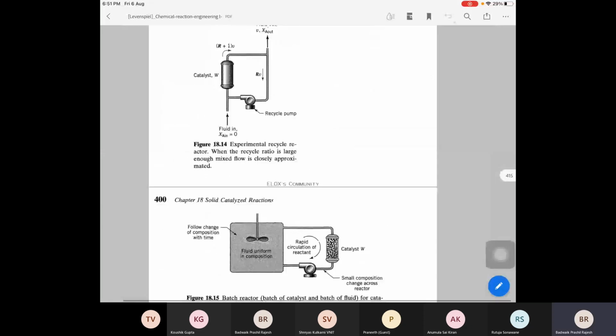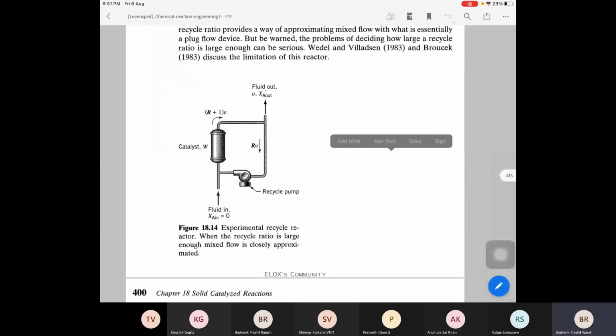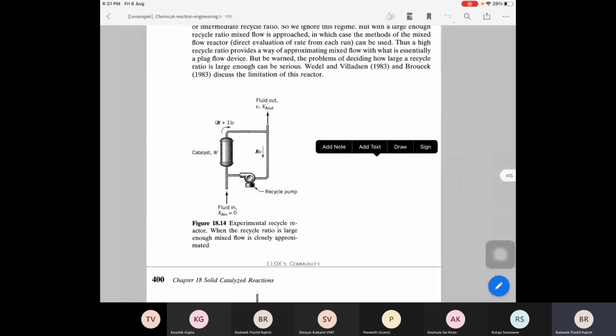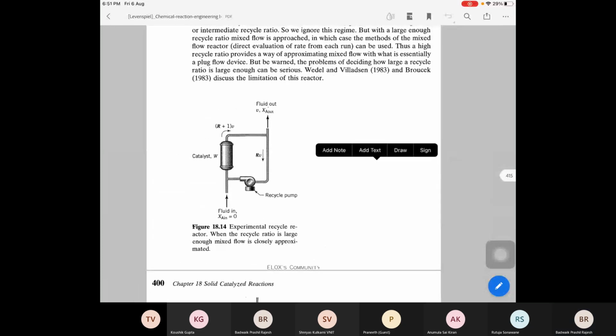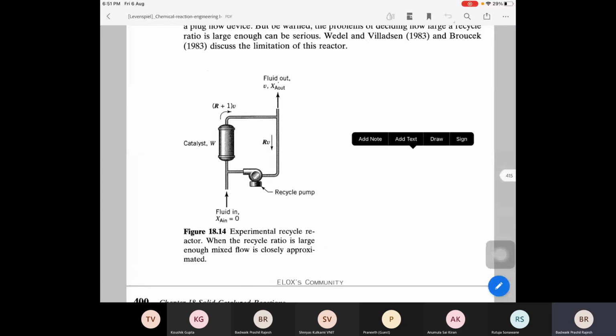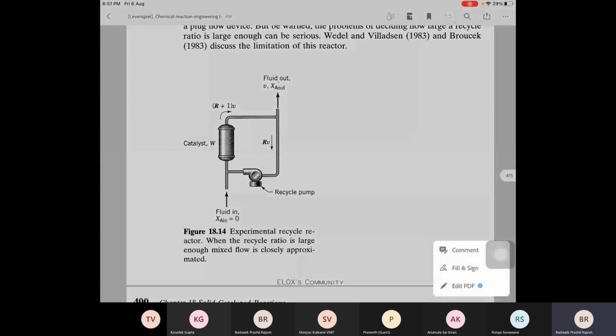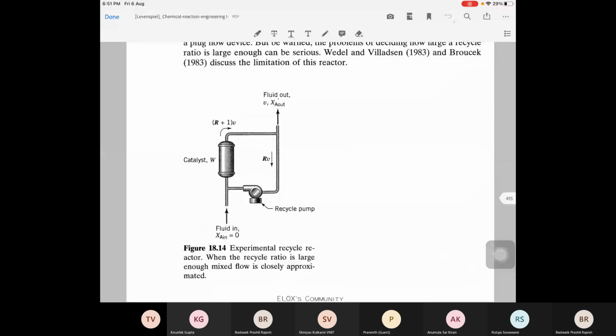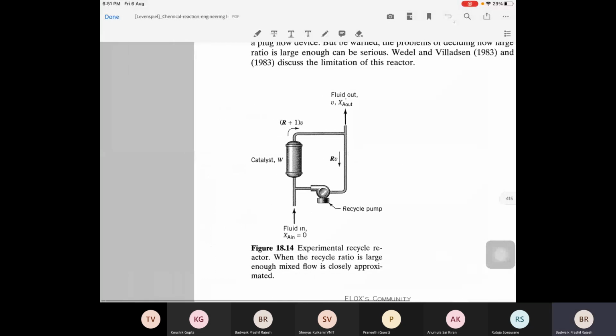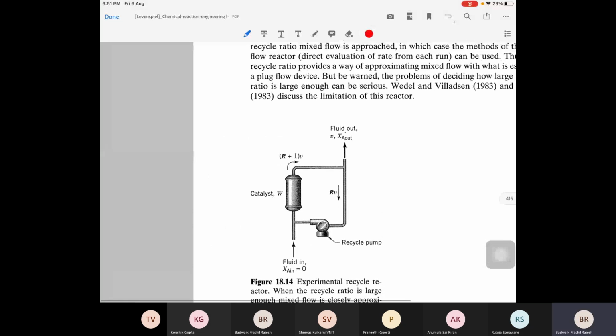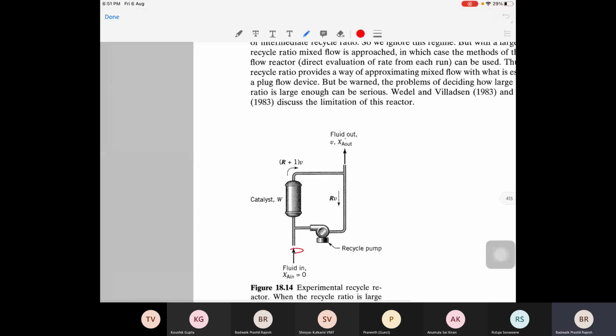Okay, so you can see here, in this reactor, fluid is coming into the system from this side, and this is going out, and this is your catalyst reactor.